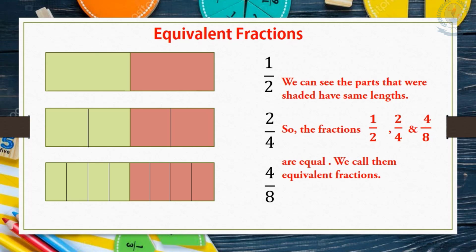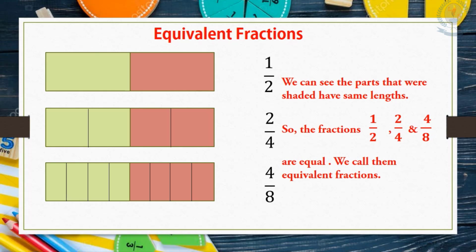We can see that the parts that were shaded are the same length. So the fractions 1 over 2, 2 over 4 and 4 over 8 are equal. We call them equivalent fractions.